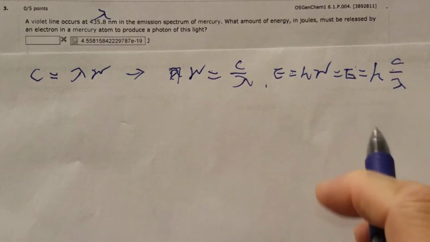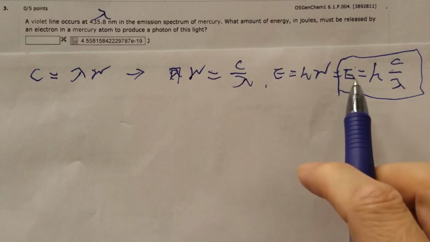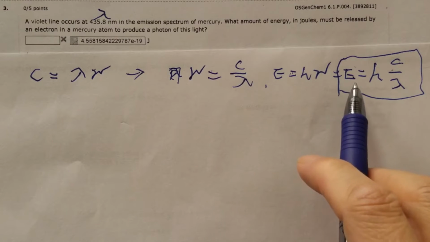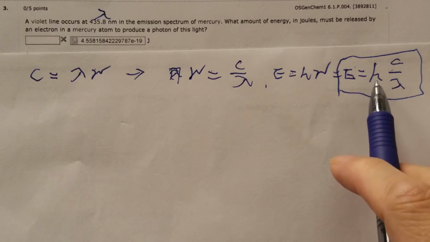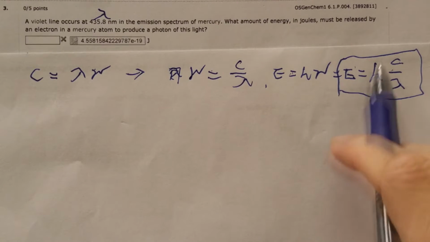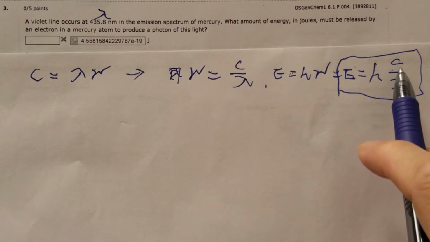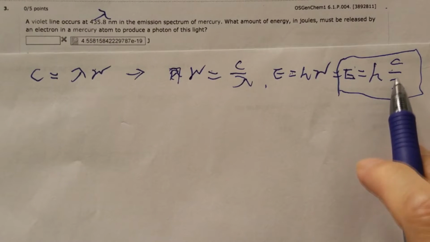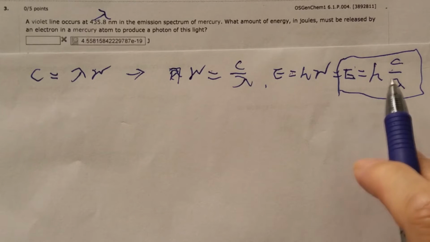Now let's analyze the last equation right here. We need to find out the energy, so that's what we have on the left-hand side. On the right-hand side, we do know the value for Planck's constant h. We do know the speed of light, c, even though they are not given in the problem, but they must be given when you take tests or work on such problems.